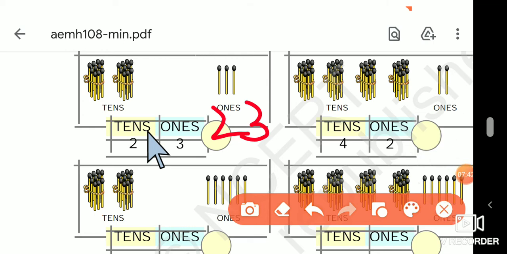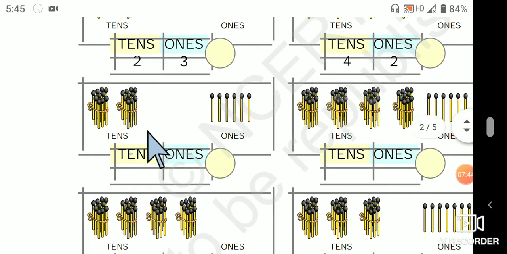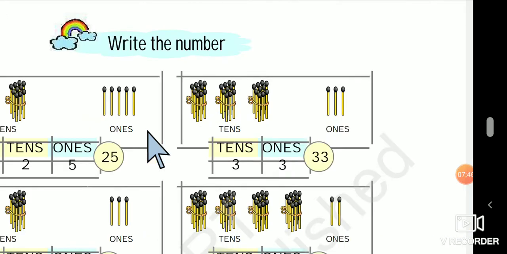Next. So there are 3 bundles means 3 tens and loose matchsticks. How many? Let's count 1, 2, 3. 3 loose matchsticks.